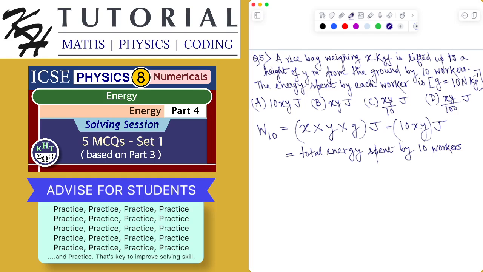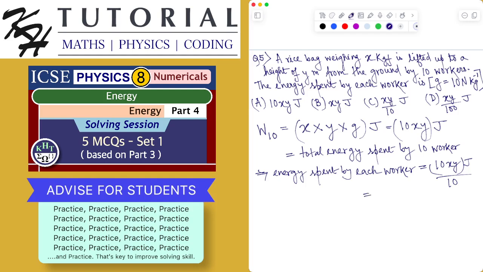So, since all the workers are having equal energy, and the problem has asked the energy spent by each worker, the energy spent by each worker will be obviously 10xy joule divided by 10, because 10xy joule was the total energy spent by all the 10 workers in lifting the rice bag.